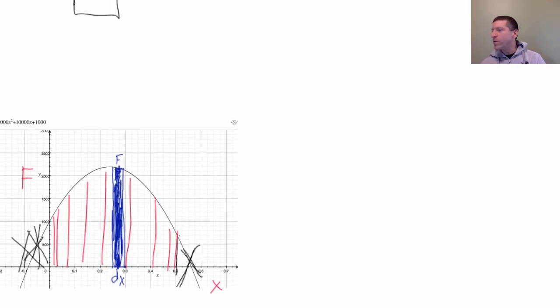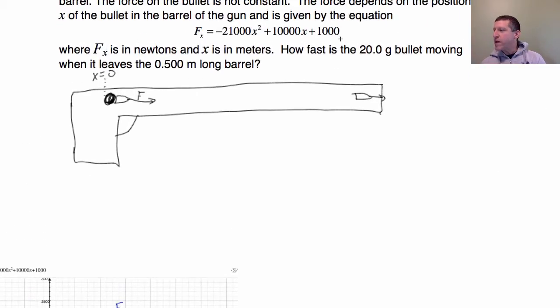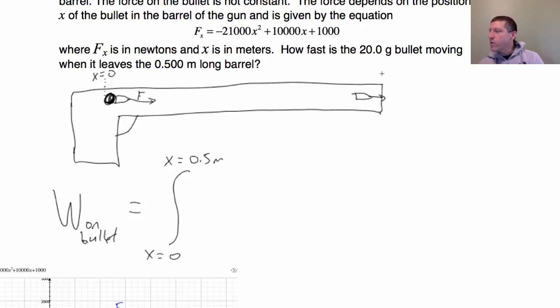And here is how we do that. Let's take a look at our function. It is, f of x is this, so here's what I'm going to do. I'm going to show you what this is. The work done by the gases on the bullet is going to be the integral, also called the antiderivative, really just the area under the curve, from x equals 0 to x equals 0.5 meters, which is over here. This is x equals 0.5 meters.